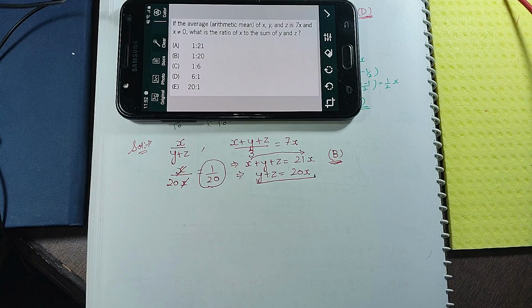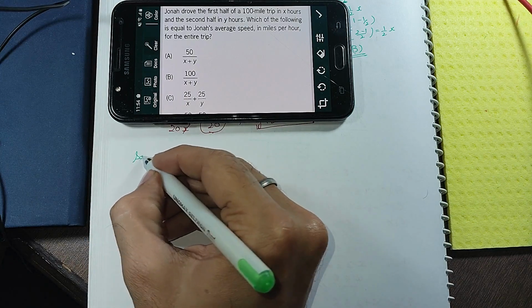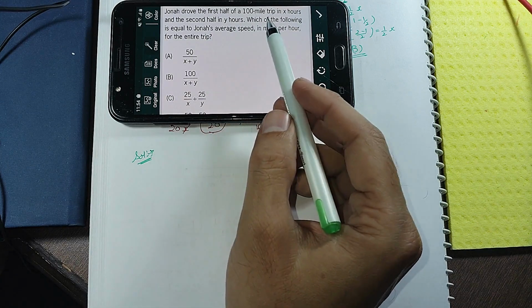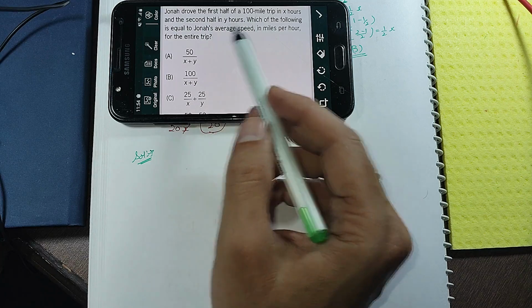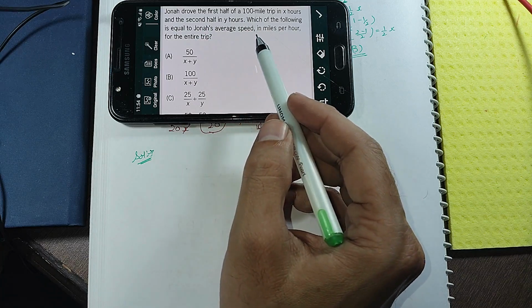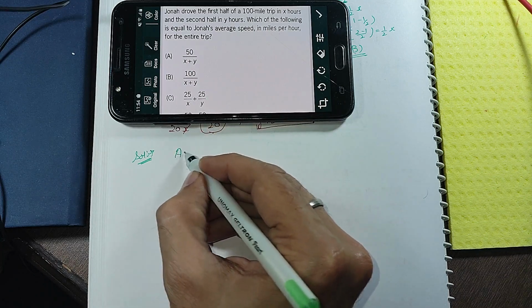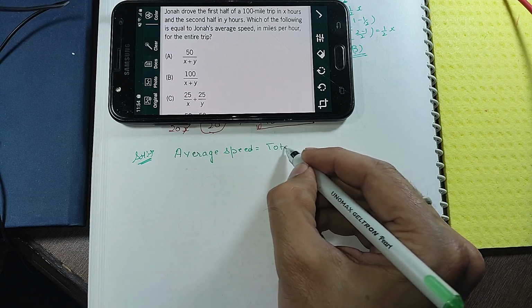So the right option is option number B. Fairly easy question. Jonah drove the first half of a 100-mile trip in x hours and the second half in y hours. So 100-mile trip, its half is 50 mile. Which of the following is equal to Jonah's average speed in miles per hour for the entire trip? So we know that the average speed is equal to total distance upon total time taken.